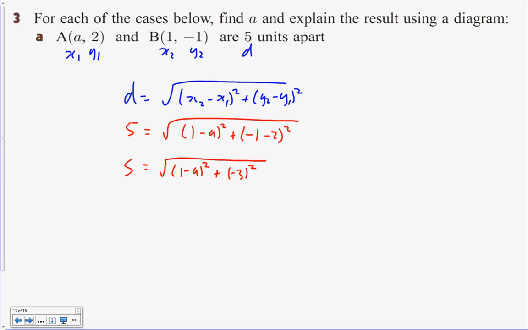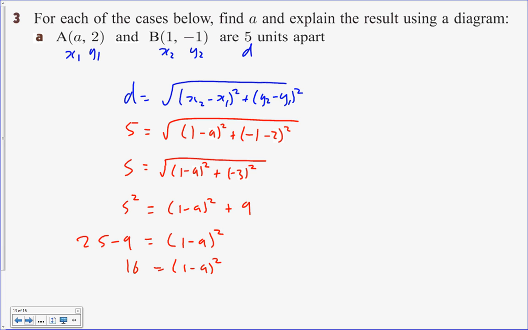So opposite of square rooting is squaring, so we're going to get 5 squared equals 1 take A all squared plus 3 threes are 9. So opposite of adding 9 is taking 9, so it's going to be 25 take 9 equals 1 take A all squared. So 25 take 9 is going to be 16 equals 1 take A all squared.